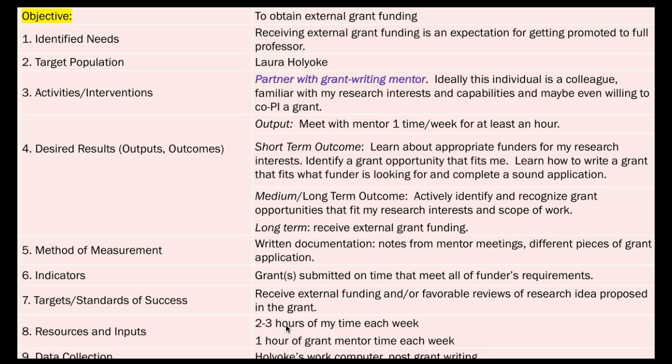The resources and inputs for the grant: 2 to 3 hours of my time each week, 1 hour of grant mentor time each week, and then data collection will come from my work computer, mostly post-grant writing. So that's just an idea. You will do, I think, 4 of these for this assignment, but again, most of these pieces should be already done.